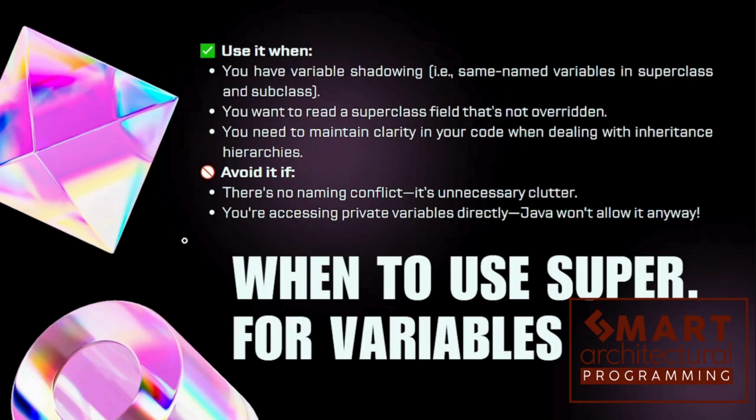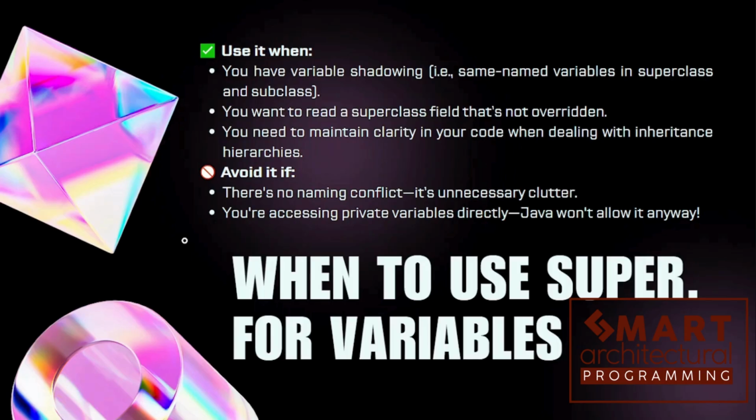I was saying that you might want to use it for clarity in your code when you're dealing with complicated hierarchies, but the key point was the complicated hierarchy. When you're dealing with multiple classes and multiple subclasses, that might be where you want to give that clarity. But if you're dealing with 1 or 2 classes and 1 or 2 subclasses on each of those classes, then it might be unnecessary clutter and you might not want to do that.